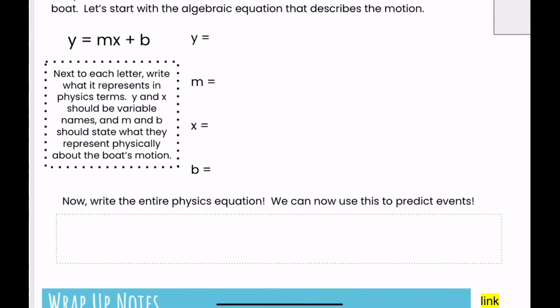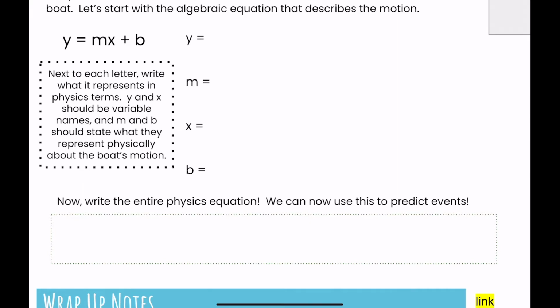So we're going to go back here. If you remember on our graph, the x-axis is no longer called the x-axis, it's called time. And our y-axis is no longer called the y-axis, now it's called position.